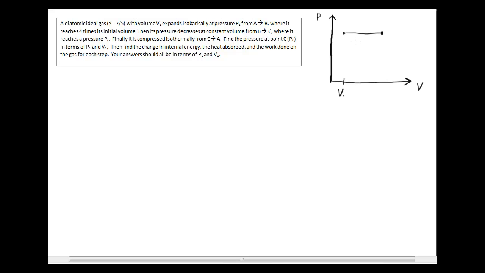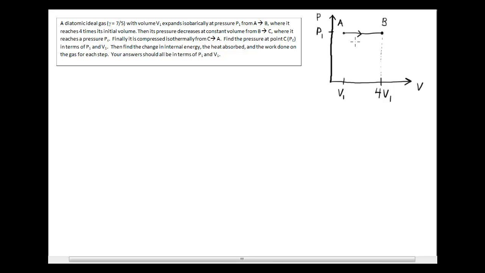So this is V1, and of course the gas is initially at pressure P1. So this is point A right here, and I draw arrows to indicate which way the process is going. From A to B, it's isobaric, constant pressure, and then it reaches a final volume, which is 4 times the initial volume, so 4 V1.